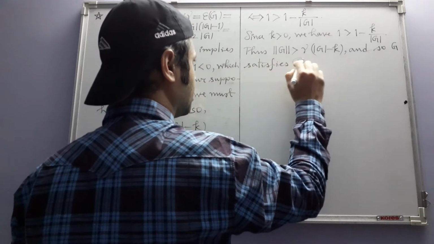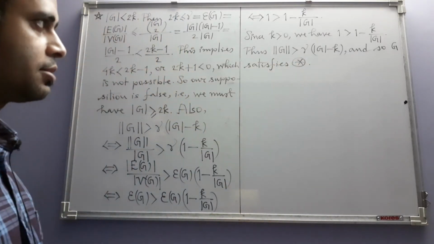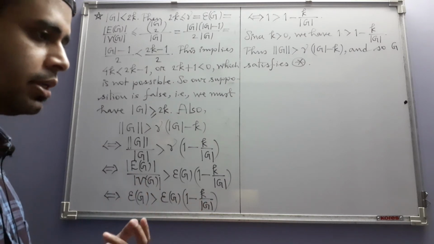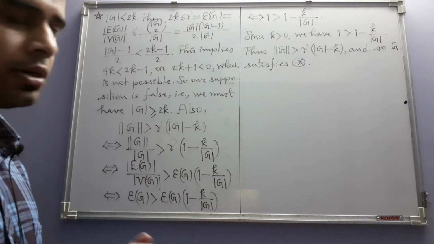G satisfies star. Now we know that the class of such subgraphs of G prime is non-empty, so there will be a minimal such subgraph.